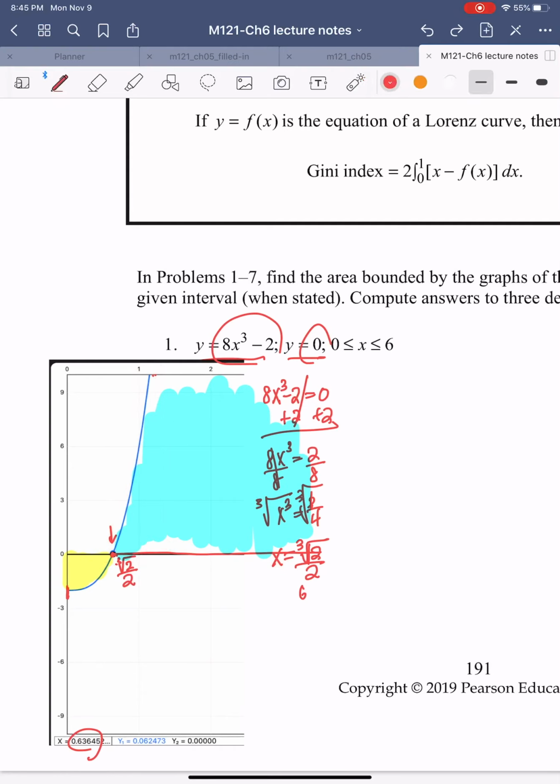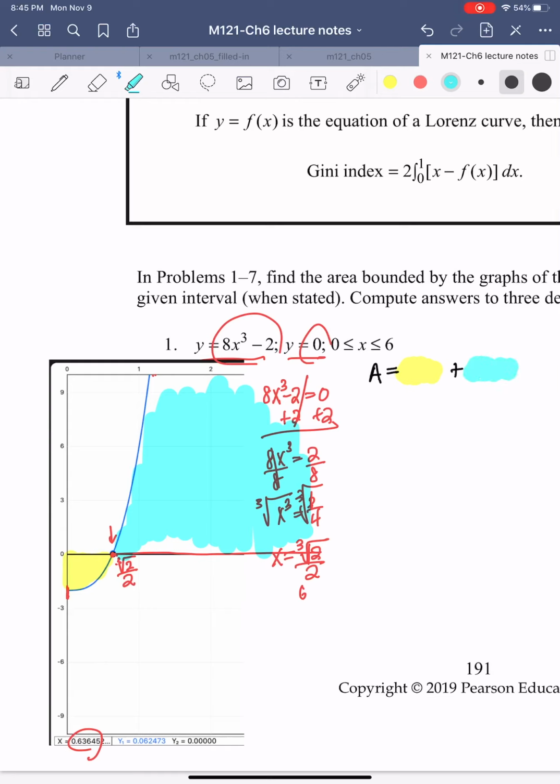My total area ends up being the orange curve, the yellow one, plus the blue one. Okay, it's not just one area.